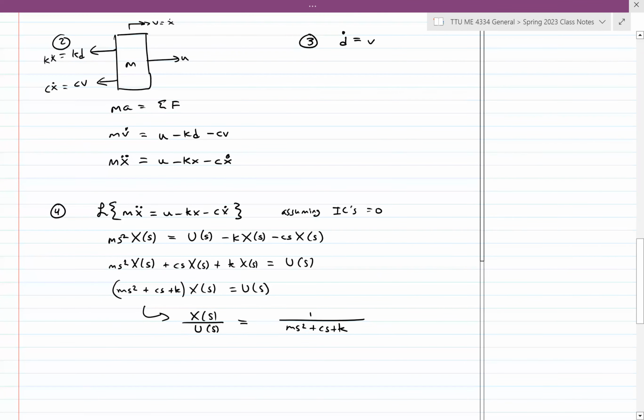Are we done? We could say potentially we're done here, if we recognize one thing. What was the transfer function we were looking for? Y1, which happens to be x in this case.